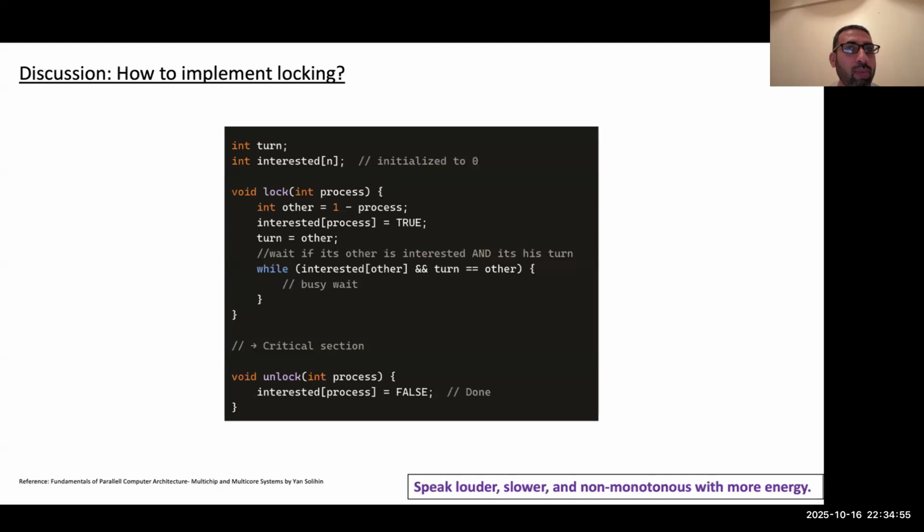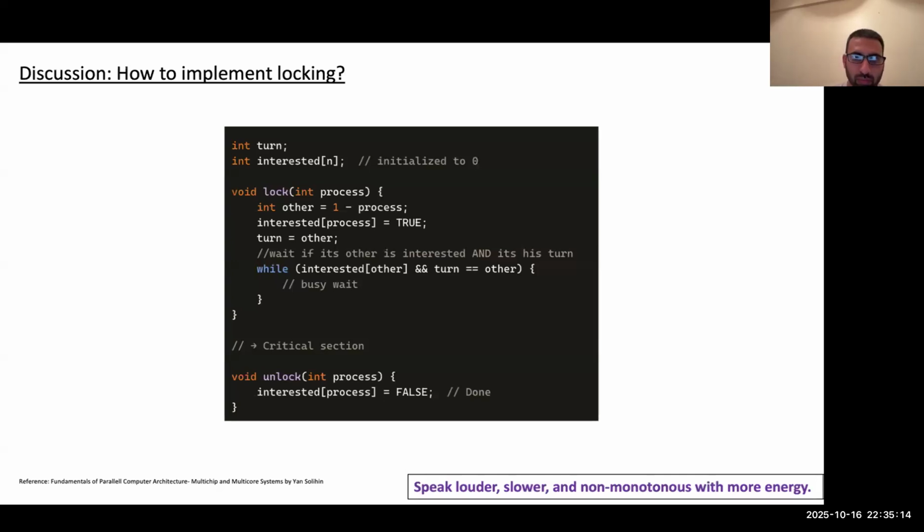Atomic instructions are enabled by the underlying hardware, right? So we need hardware support for atomic instructions to work. An atomic instruction can read the value, test the value, and set the value in a single step, right?